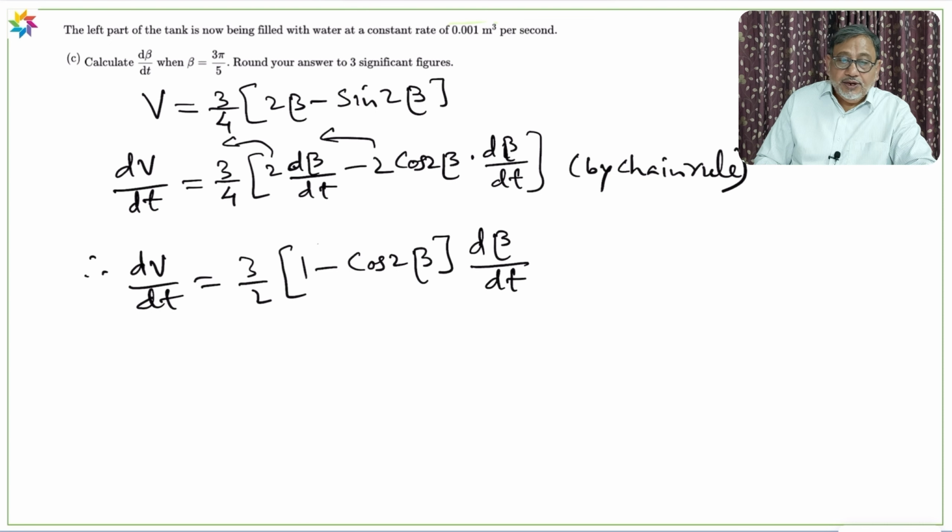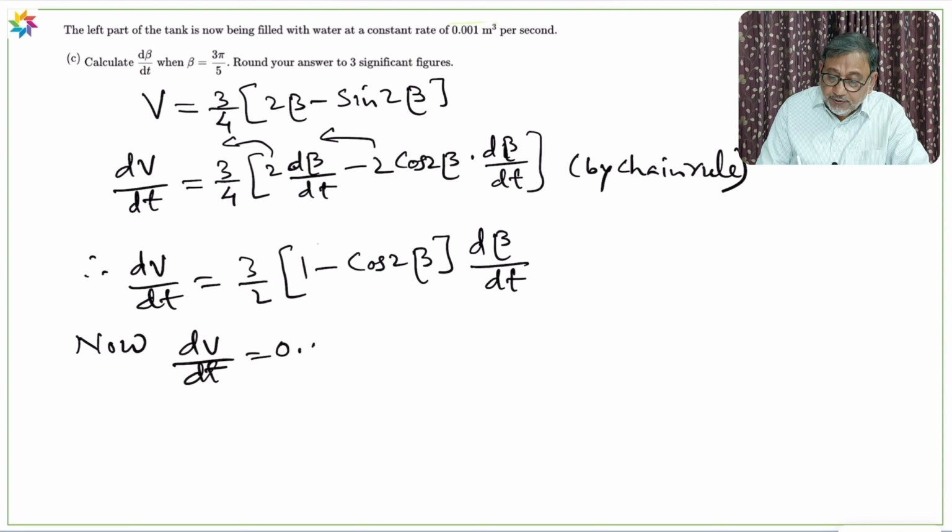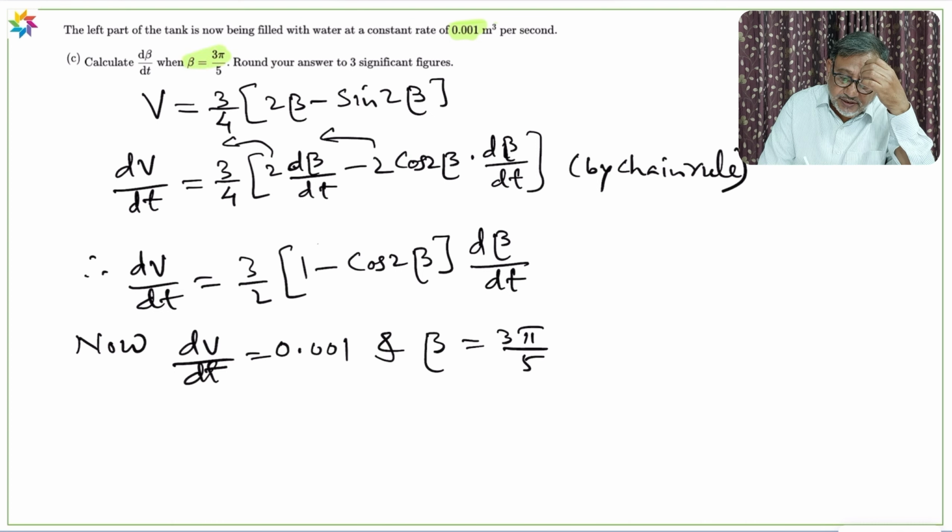Okay. Now dV by dt is given, 0.001, which is here, right? That is dV by dt, and beta is also given, 3 pi by 5. See, here is 3 pi by 5 for beta. Both the things are given.